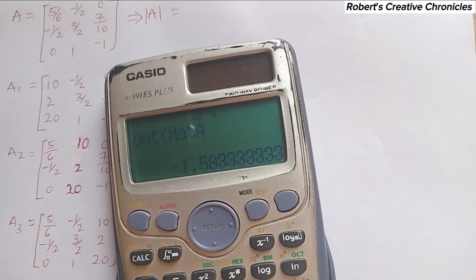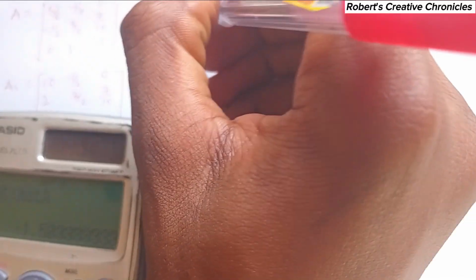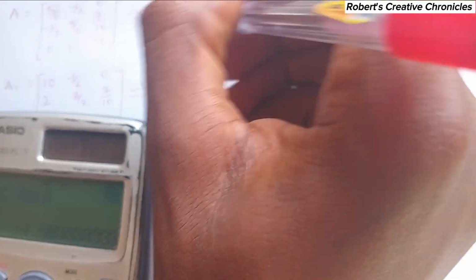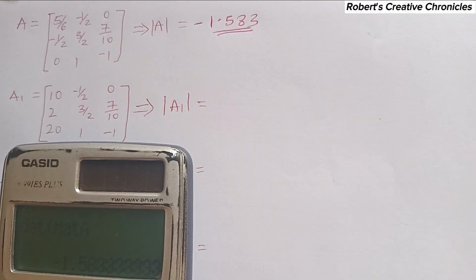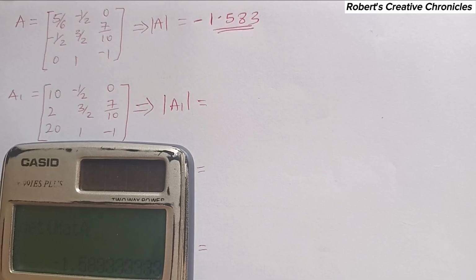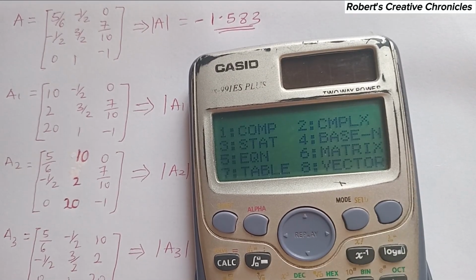It's negative 1.583. Negative 1.583. So we'll just save these other three and find their determinants.